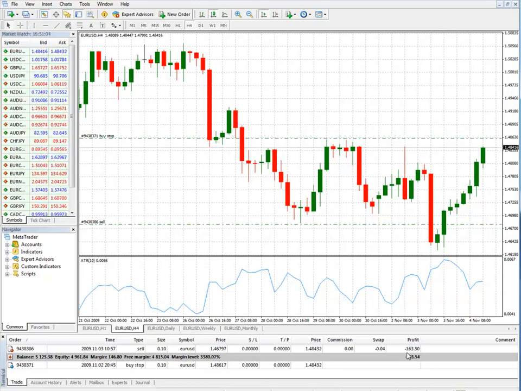Now, the $163, $165 down that we are currently out of a $5,000 account is not cause for panic, because we are properly trading using risk control.